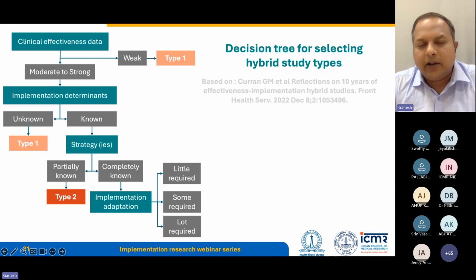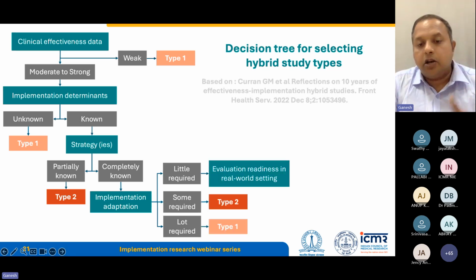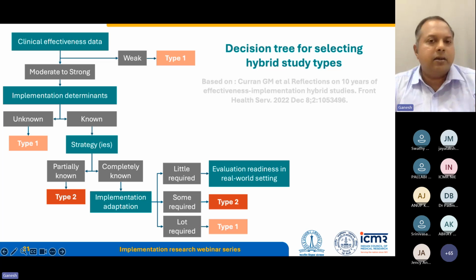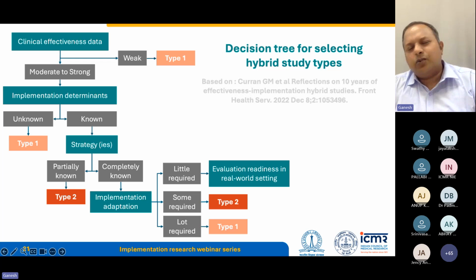Whether the adaptation required is little, some, or a lot. If a lot of adaptation is required, then you go back to type 1 hybrid. If some is required, we do have some healthcare worker, and all we need to know is some implementation outcome and some clinical effectiveness, then you go to type 2 hybrid.